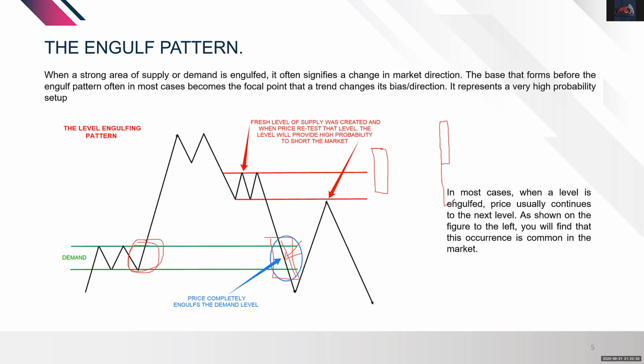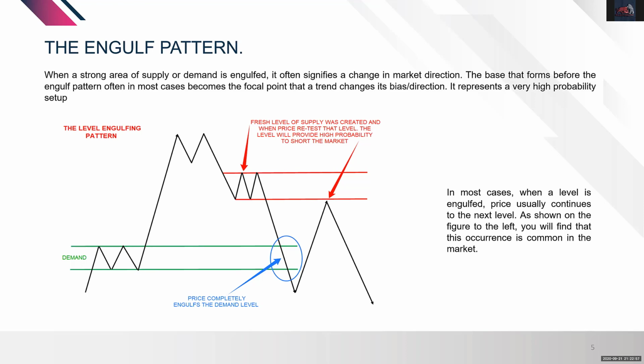You see? So it will be a candle that engulfs a supply zone. It will be something like this, so that when price comes back here, you look to be a buyer. You see? So the opposite applies when it comes to the bullish engulfing.